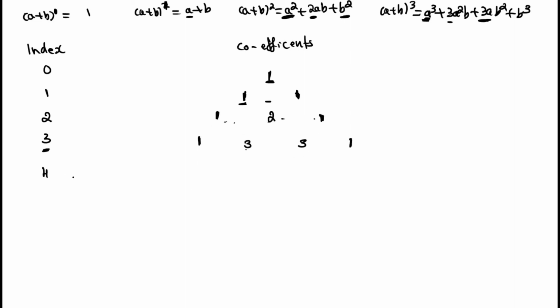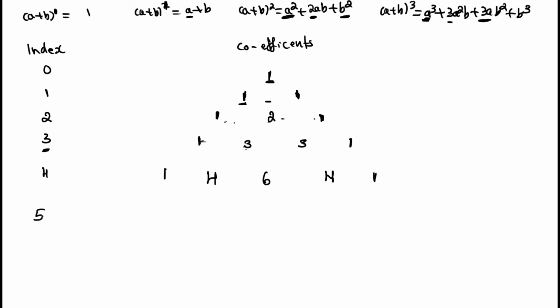Now see, I'm writing the coefficients of the expression with index 4. First you need to write this 1, then add 1 plus 3, it's equal to 4. Then 3 plus 3, it's equal to 6. Then 3 plus 1, it's equal to 4. Then the remaining 1 you need to write. Okay, suppose index is equal to 5.